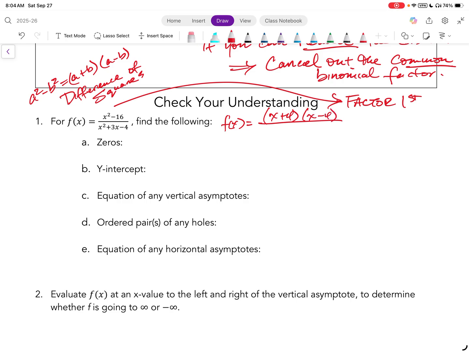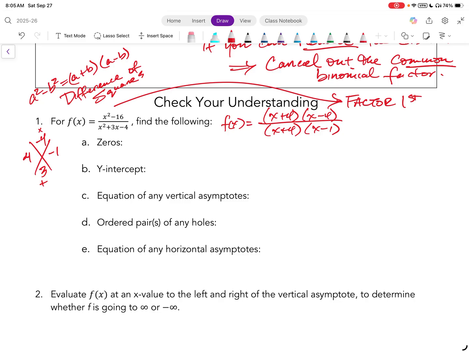And then on the trinomial, do you know of two numbers that multiply to negative 4 and add to 3? How about positive 4 and negative 1? 4 times negative 1 is negative 4, and 4 plus negative 1 is 3. So we can factor this as x plus 4 times x minus 1. You could check that by multiplying it using FOIL.